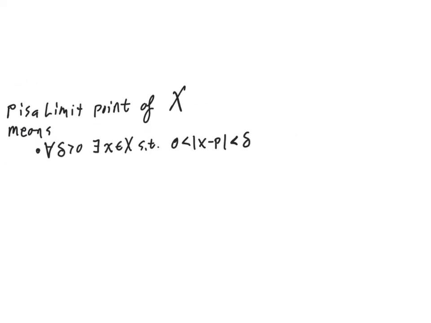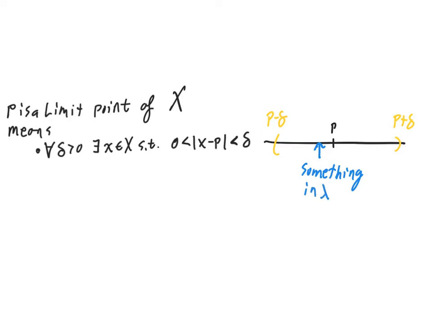So pictorially, there's the real number line, there's the point P. If you go left to P minus delta and right to P plus delta, there's some point in the set big X inside of that open interval, and that thing is different from P.